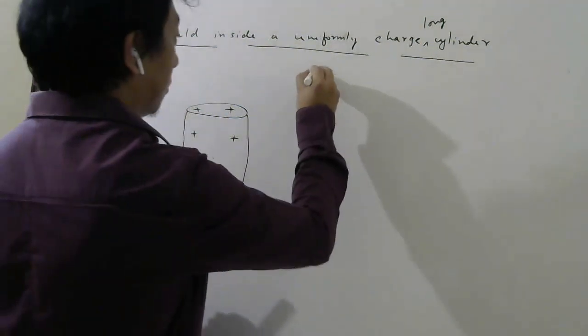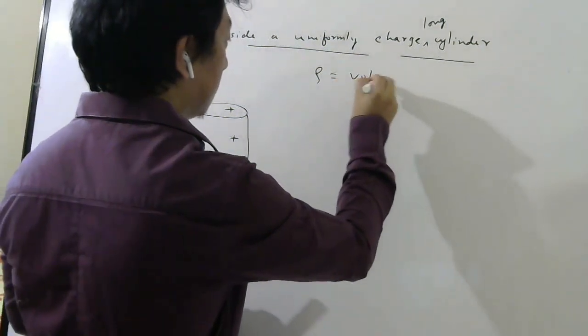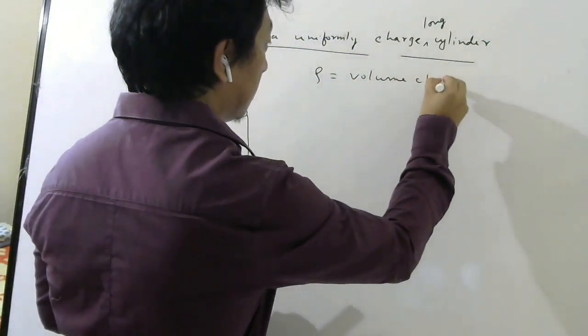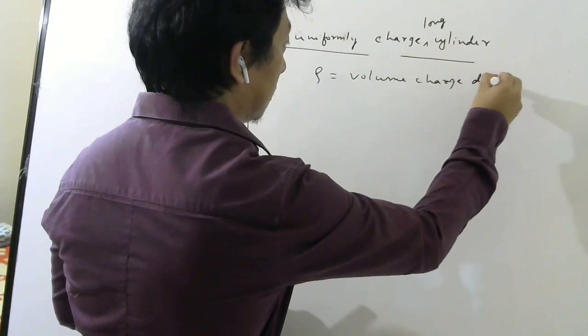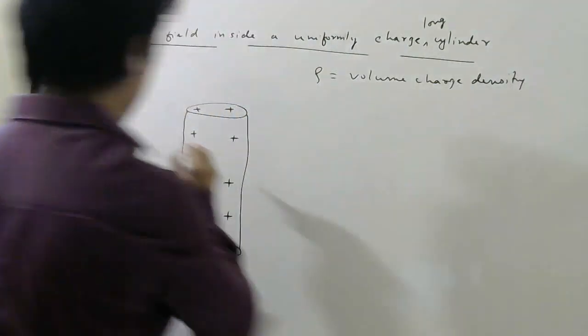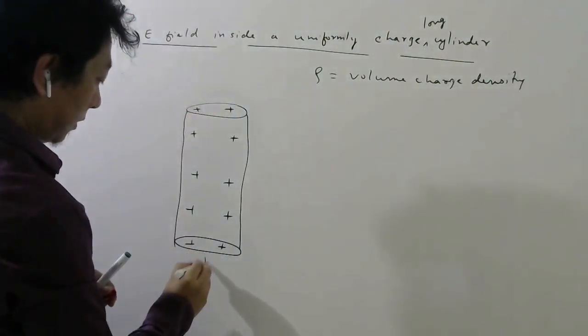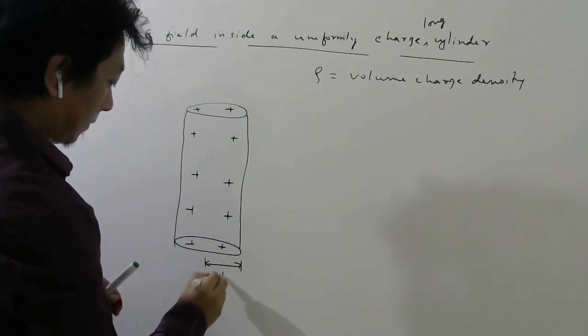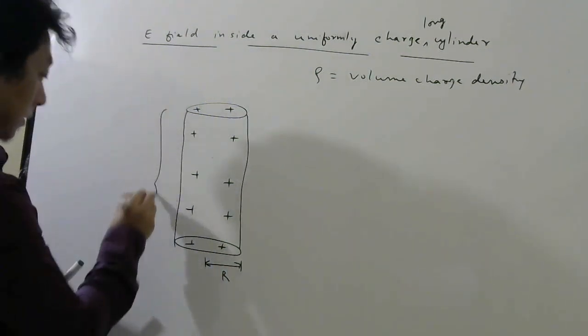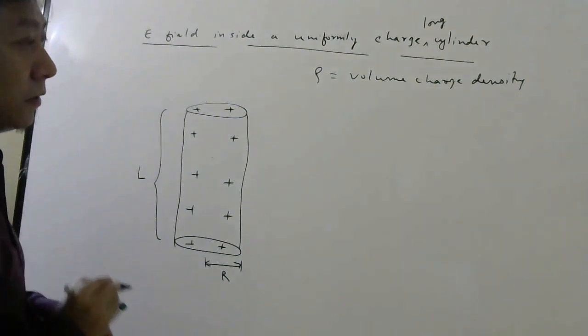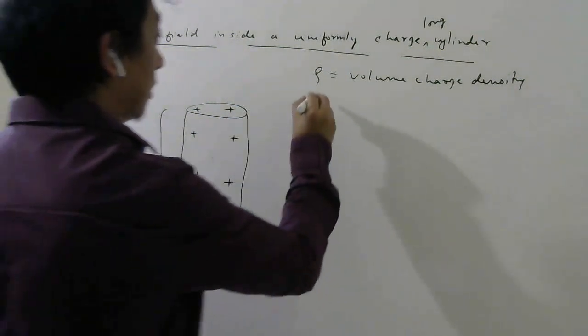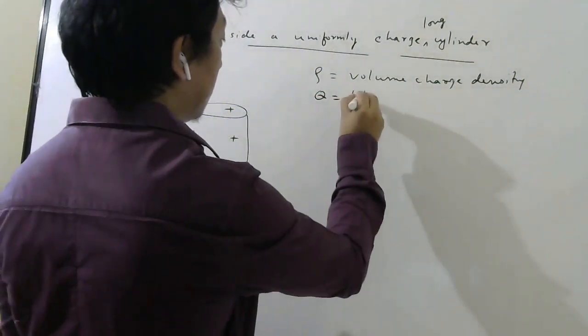So let us say rho is your volume charge density, and this radius is capital R, length is capital L.